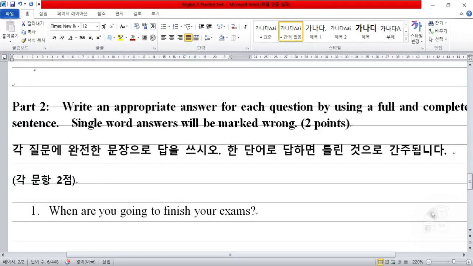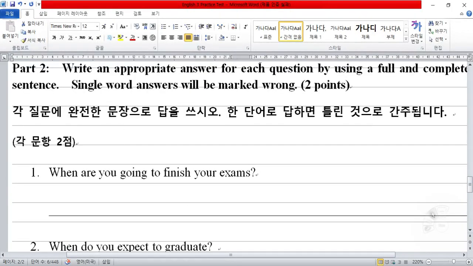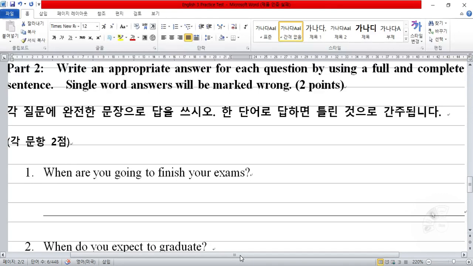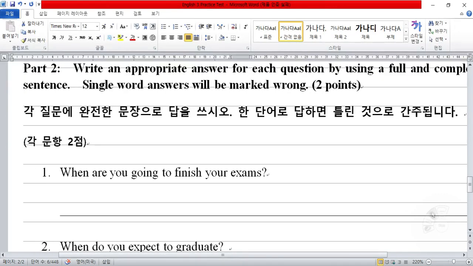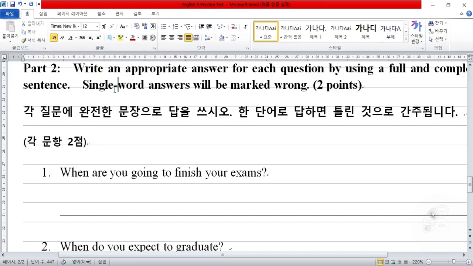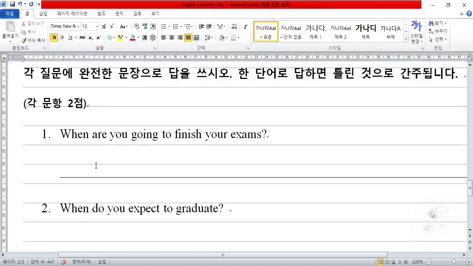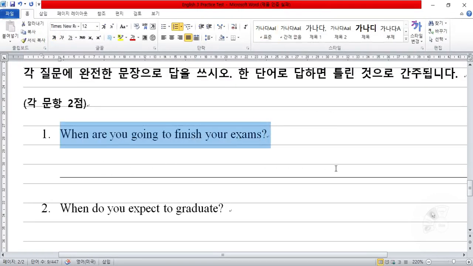For part 2, you're going to write an appropriate answer for each question by using a full and complete sentence. Okay, single word answers will be marked wrong. All right. So you're given a question. You will write your own answer.